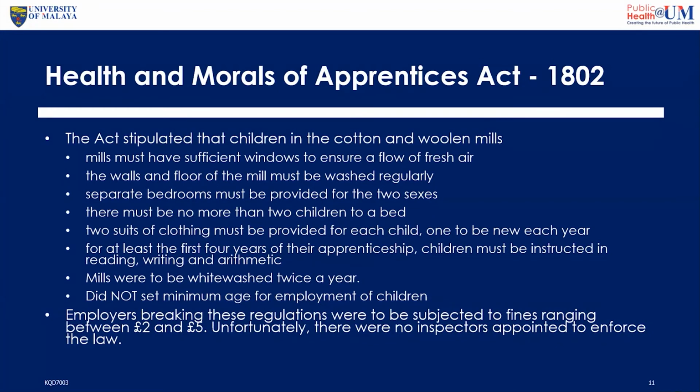For the first 4 years of their apprenticeship, children must be instructed in reading, writing, and arithmetic. The mills were to be whitewashed twice a year, but the act did not set a minimum age for employment. Employers breaking this regulation were subject to a fine ranging between £2 and £5. Unfortunately, no inspector was appointed to enforce the law.